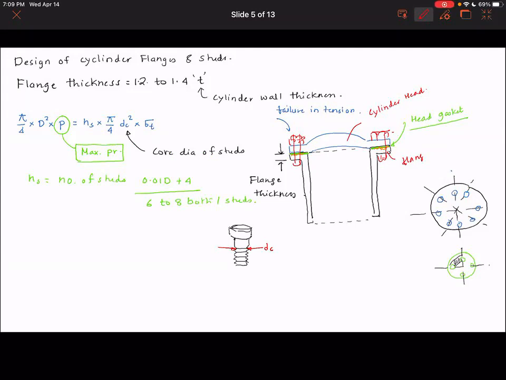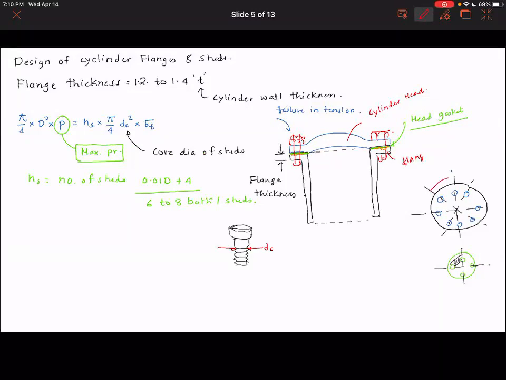Now, one thing you want to make sure of when you study pressure vessel designs or boilers is that the joint is leak proof. What it means is you want to ensure the optimal number of bolts so that this particular joint is leak proof.